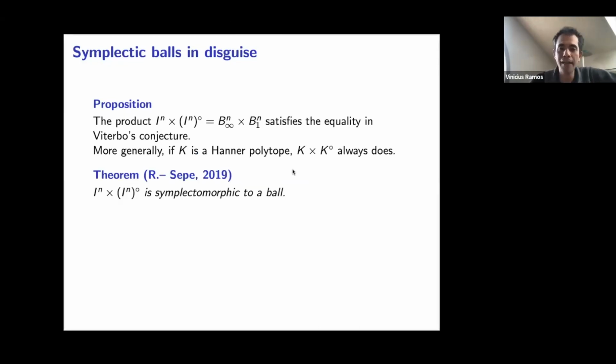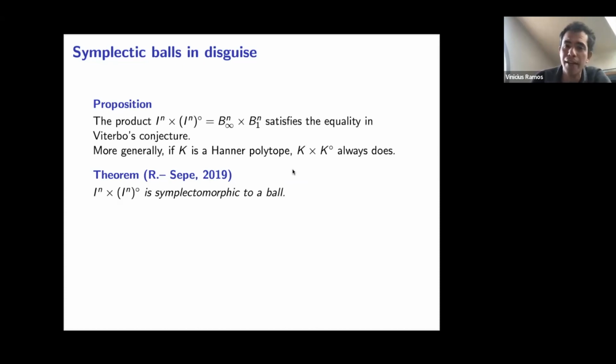So in 2019, Daniela Sepe and I proved that this configuration is symplectomorphic to a ball. And I should say that it was known before for a long time, since at least Schlenk's book, so since his thesis, that this product is symplectically equivalent to a ball.